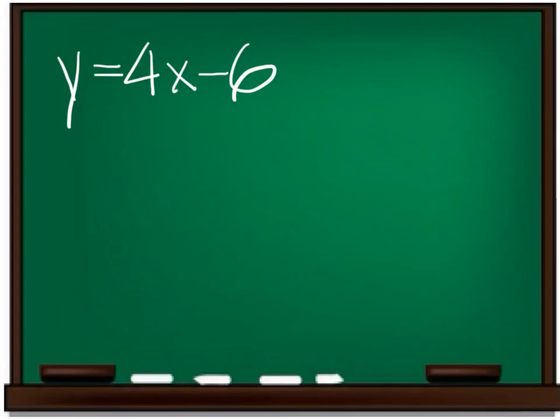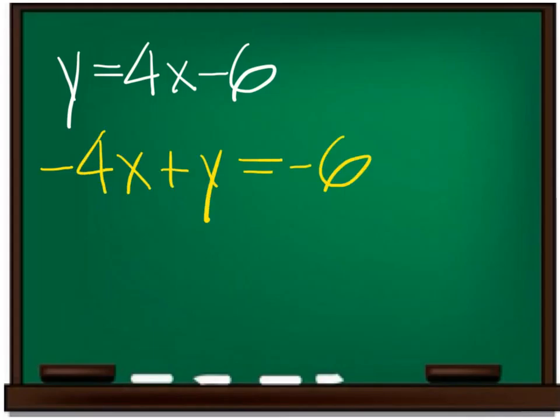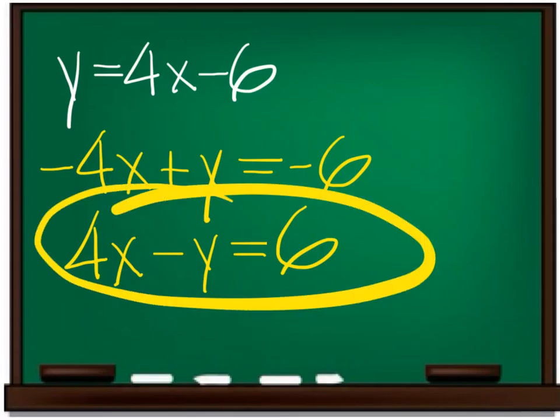Answer to the practice is to start by moving 4x to the left and making it negative 4x. And then change the sign of everything to get 4x minus y equals 6.